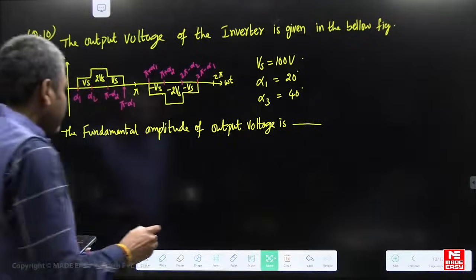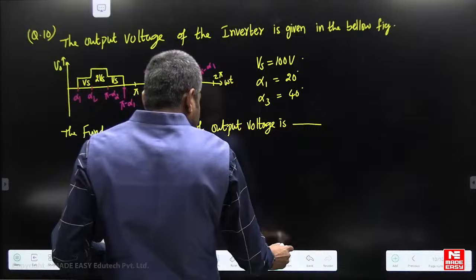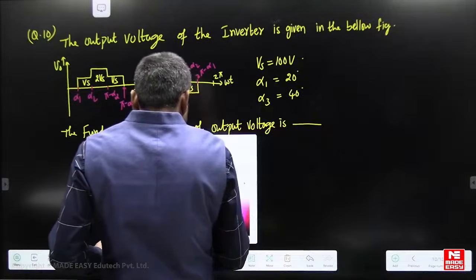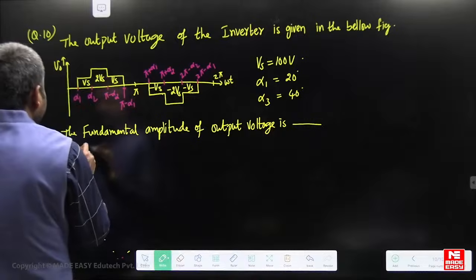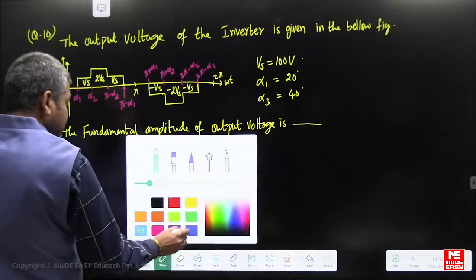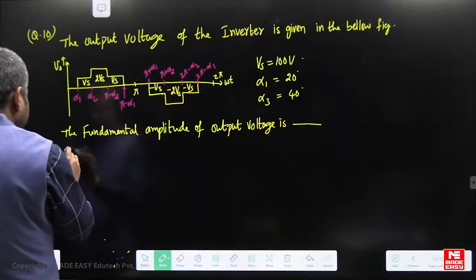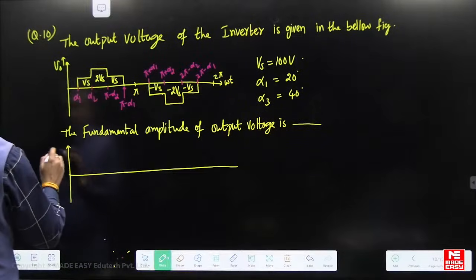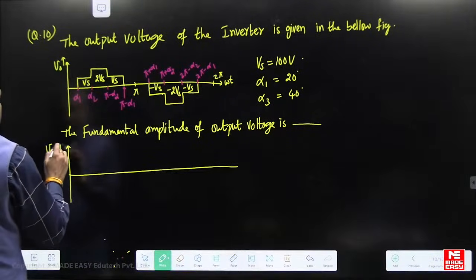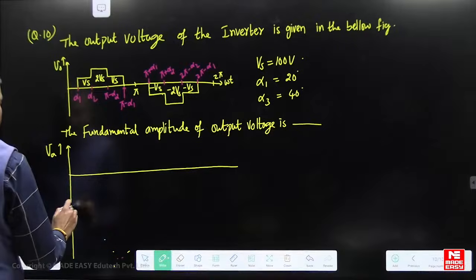See, I can rewrite this waveform in this way. VA, then VB.